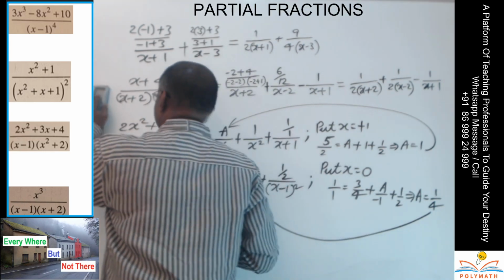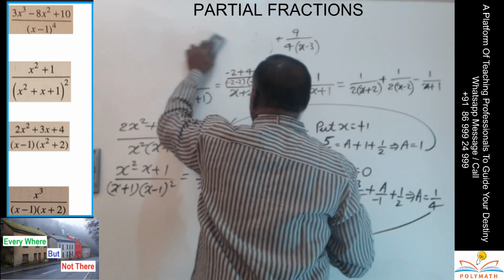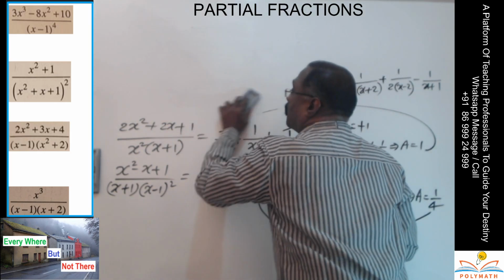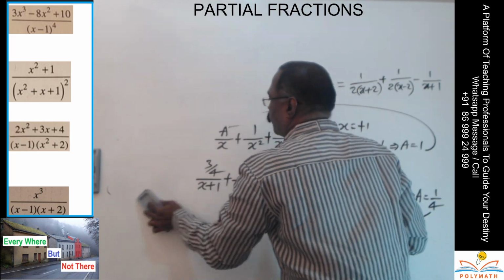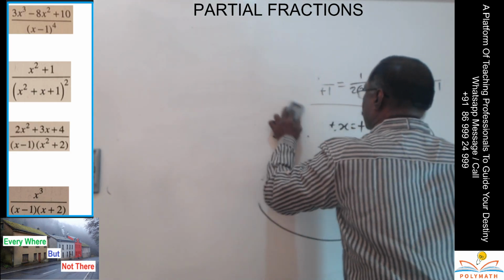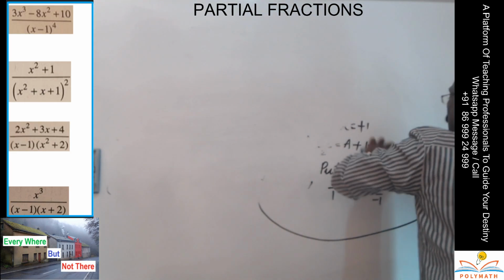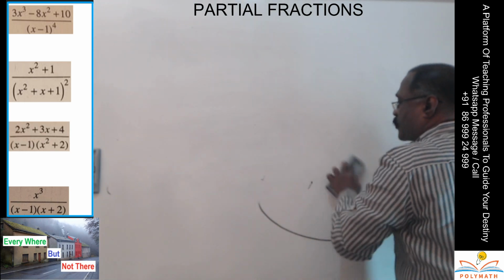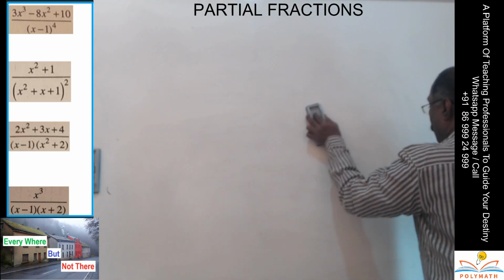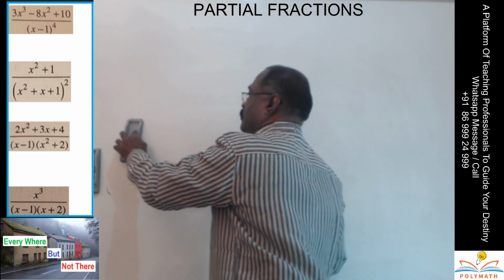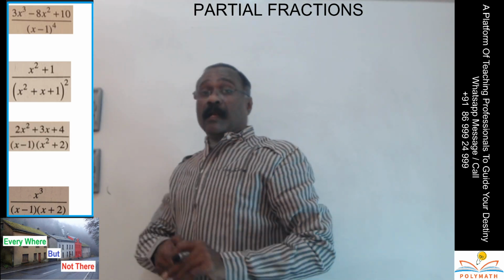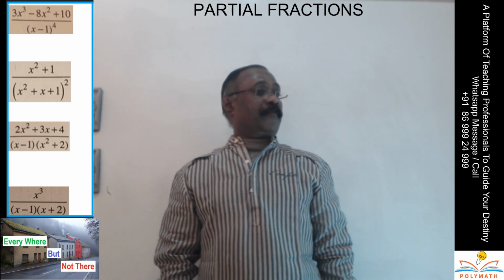So all these in indefinite integration are to be solved in a similar manner. To save time, follow this everywhere but not there. But remember, they are limited only to non-repeated linear factors.